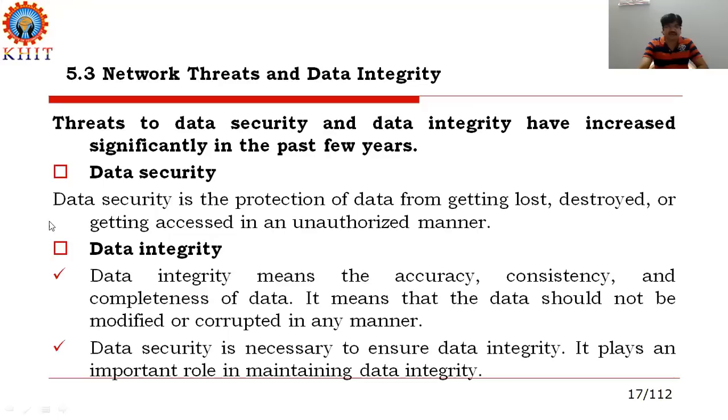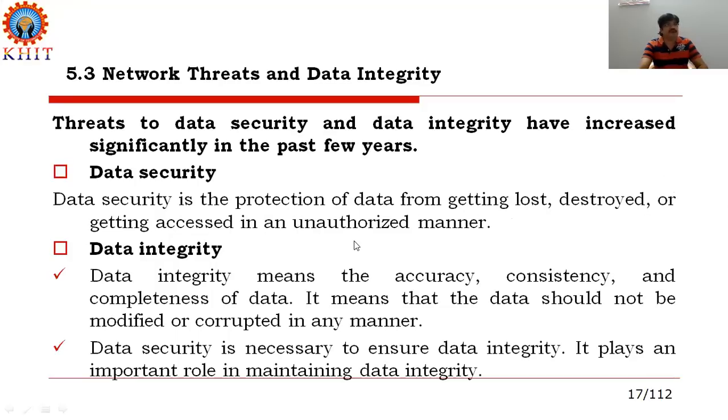Security depends on two factors. The first one is data security, and the second is data integrity. Both are interlinked. What is data security? Providing security to the data over a period of time from being lost, destroyed, or accessed in an unauthorized manner.